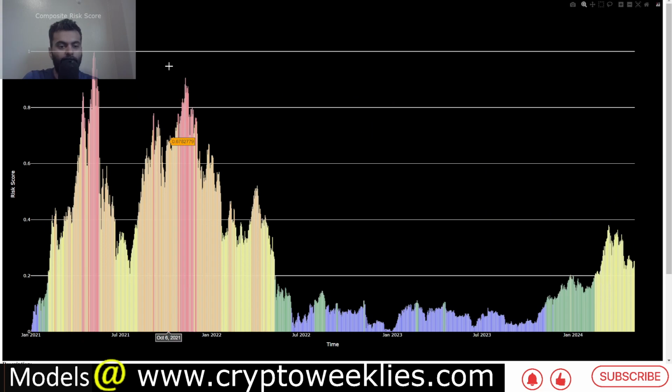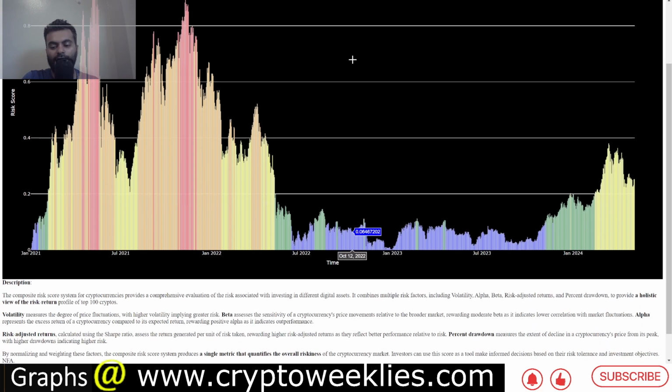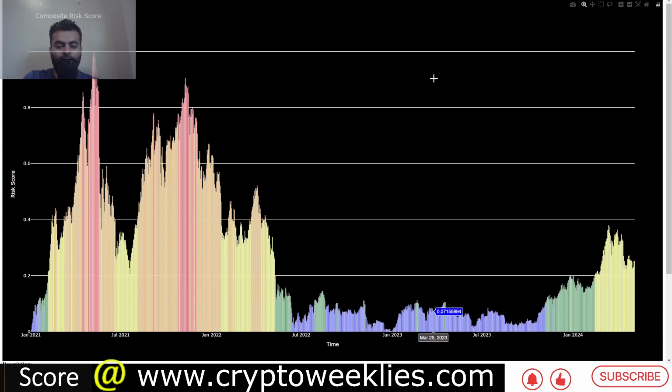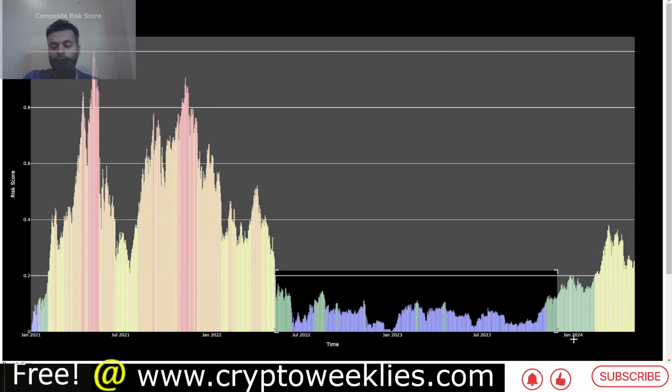Today is May 5th. So it looks at the price and the inherent risk levels using metrics such as volatility, alpha, beta, risk adjusted return, and percent drawdown to provide a holistic view of risk return profile at any phase of the crypto market. The key idea is, and it is also color coded, when the color codes are blue or green.